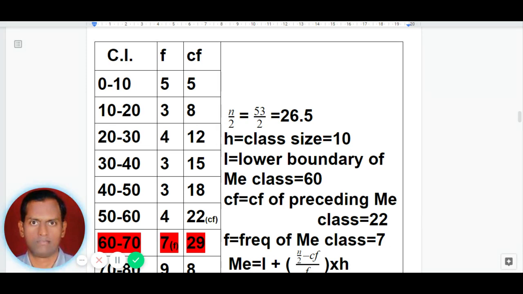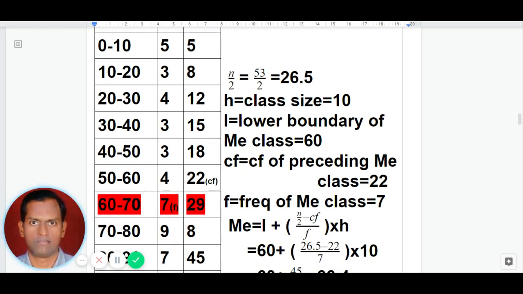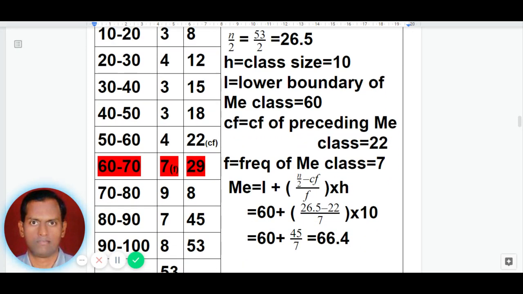Less than 20 are this 5 and 3, so it is 8. Simply we can do 8 plus 4 is 12. 12 plus 3 is 15. 15 plus 3 is 18. 18 plus 4, 22. 22 plus 7, 29. 29 plus 9, 38.